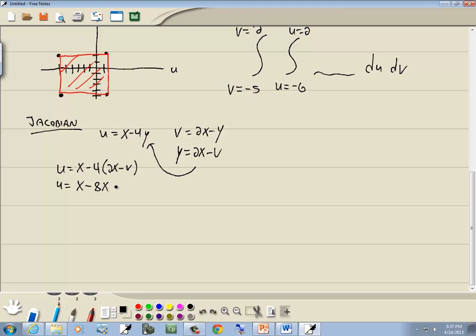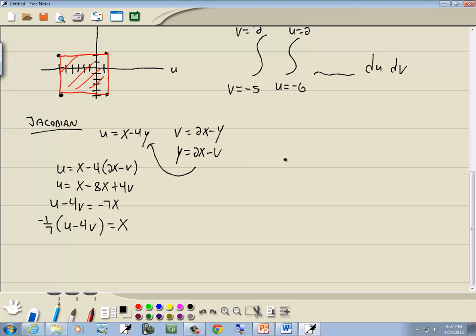Negative 4 times negative v is a positive 4v, which gives us u minus 4v equals x minus 8x, which is negative 7x. So that gives us negative 1/7 times (u minus 4v) equals x. Okay, so that's the x equals part.